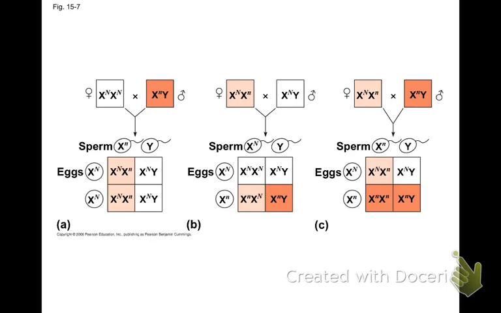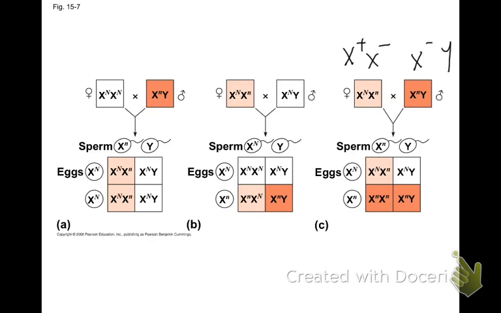A good idea is to write it down and draw what kind of genotype that person has. Now, in the third example, the mother is the carrier and the father is affected.